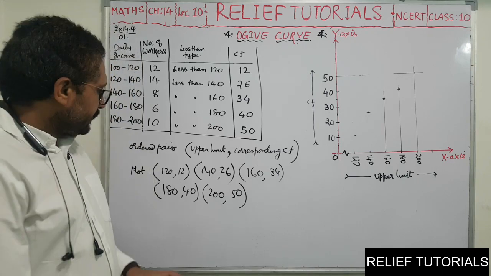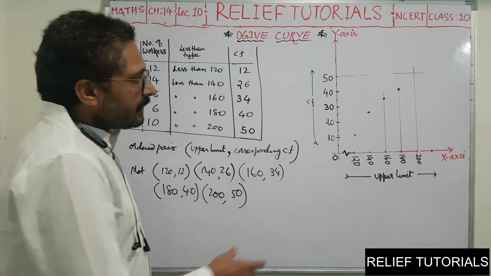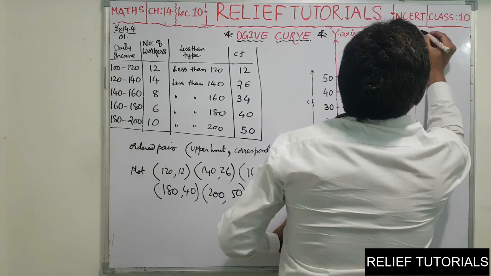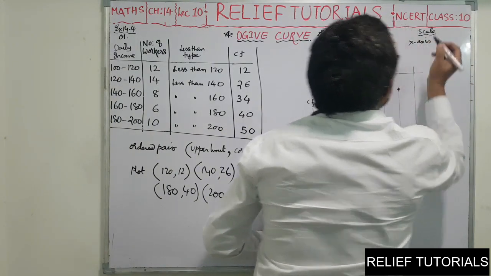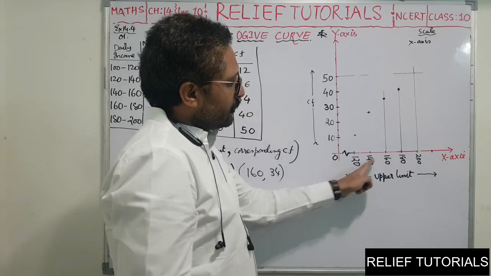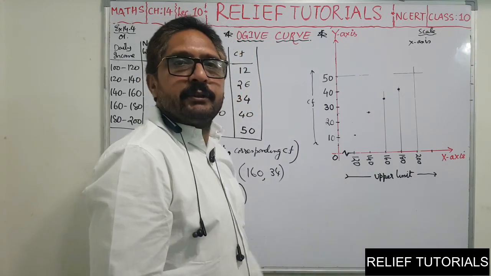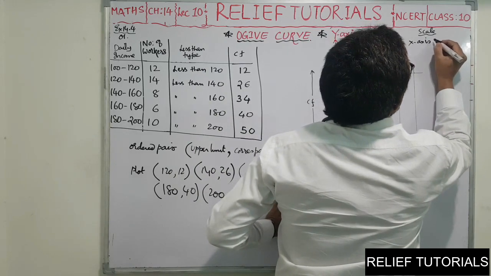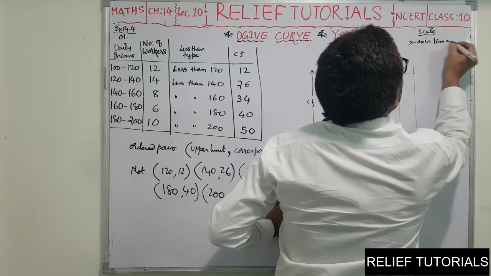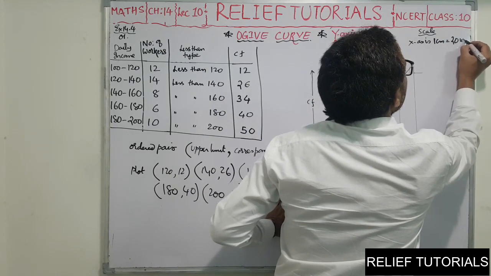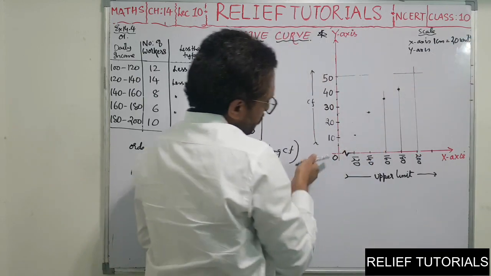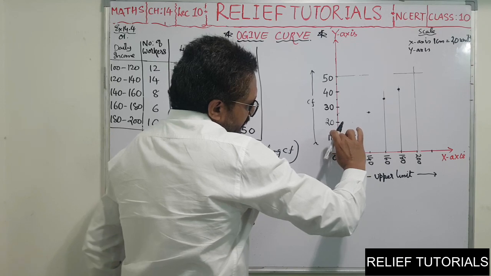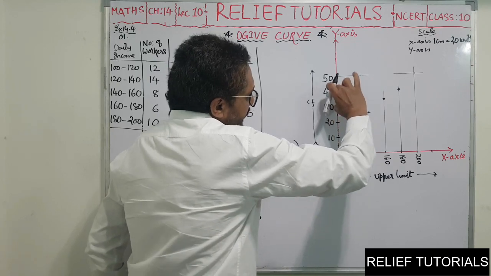Okay, come on, see, we'll do it. 120, 12. So scale, if I write here scale, x-axis. So on x-axis I told you, 1 centimeter is equal to 20 units. On y-axis, 1 centimeter is 10, 10, 10, 10, 10.